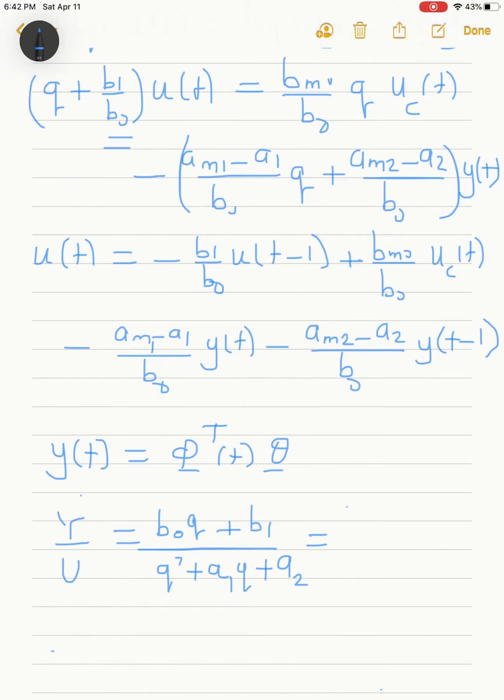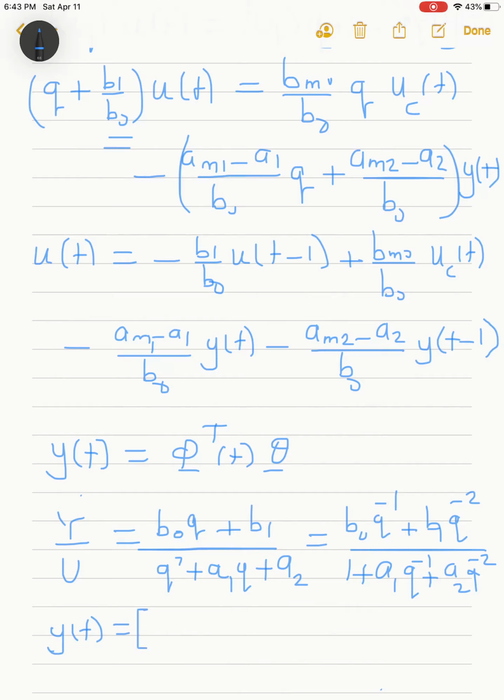So I get up here b node q to the minus 1 plus b1 q to the minus 2 over 1 plus a1 q to the minus 1 plus a2 q to the minus 2. Now I can write an expression for y of t.